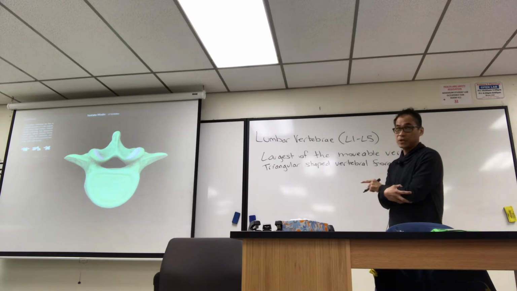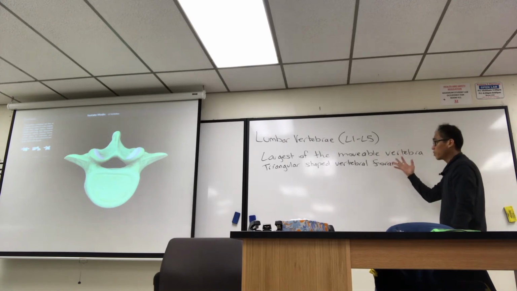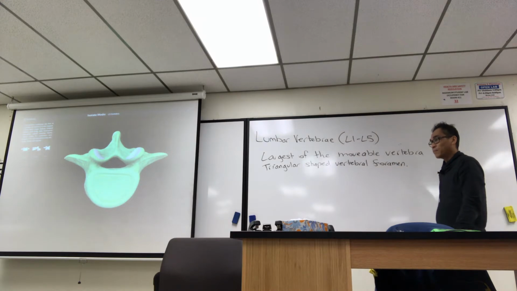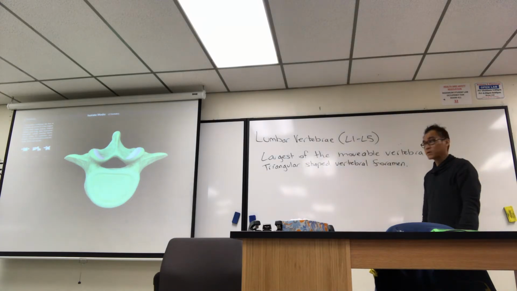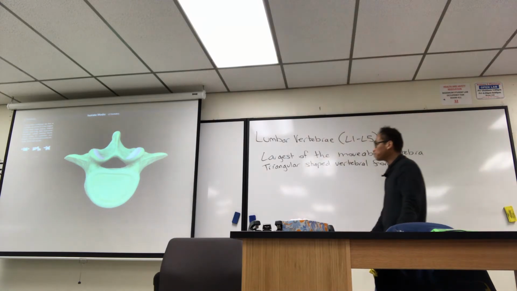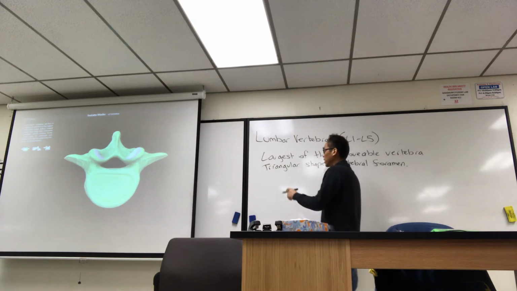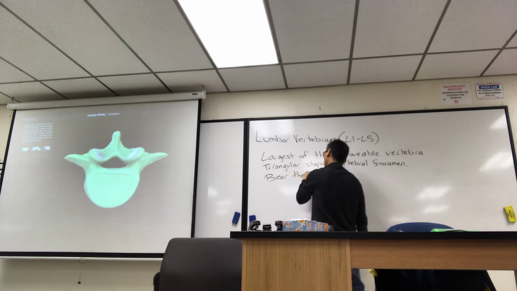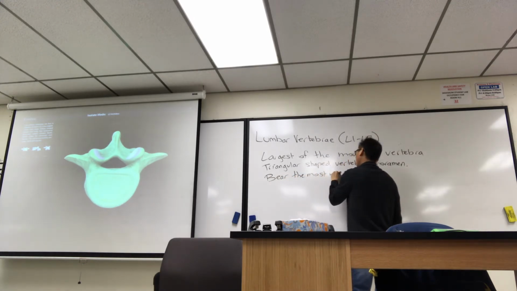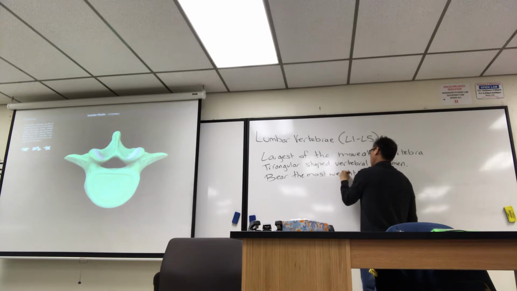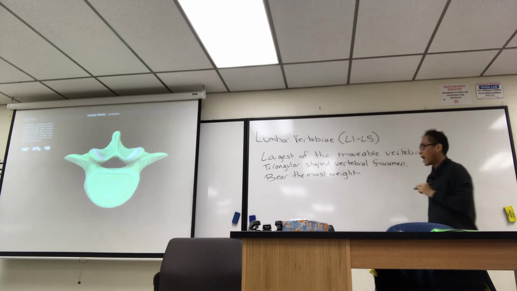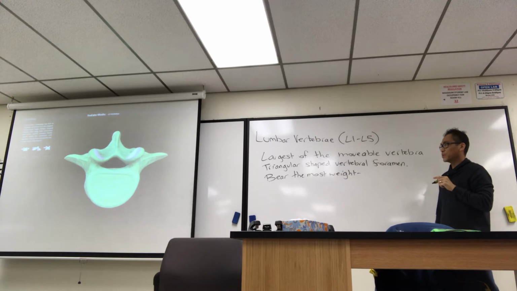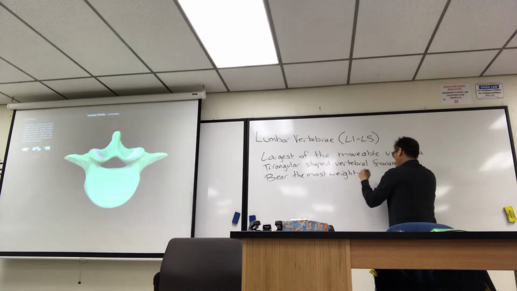Now, one thing about this region, because it's the lumbar vertebra, you have that curvature of the spine where it's concave posterior. And because these bear the most weight, you have intervertebral discs between all the movable regions, but in this region in particular, they're prone to rupture or herniate.